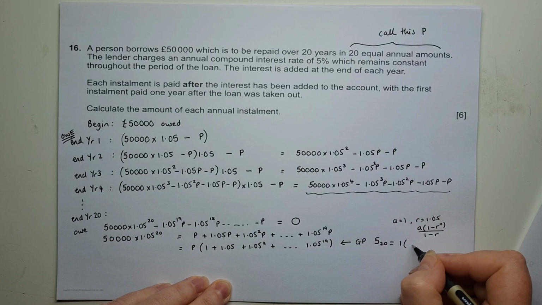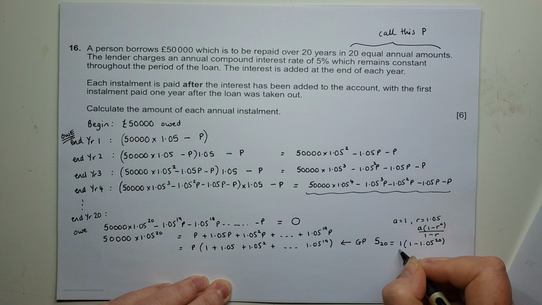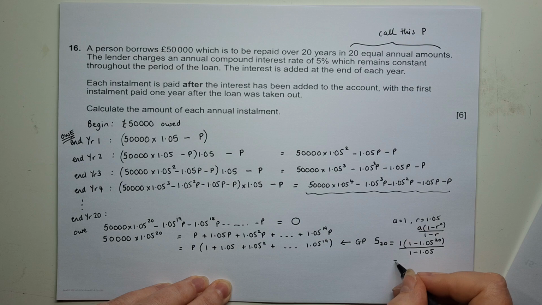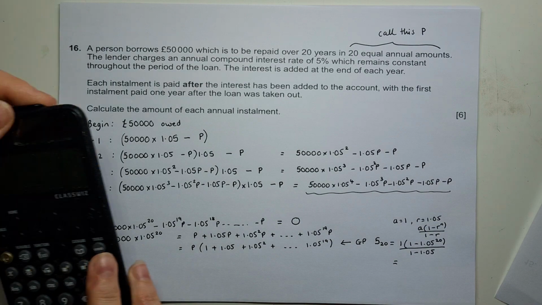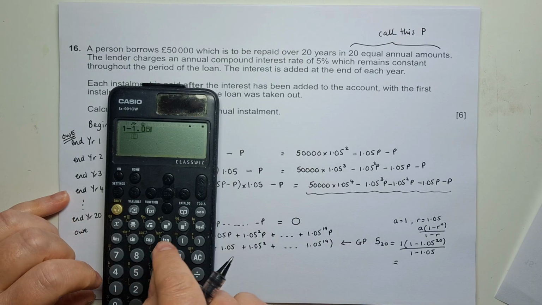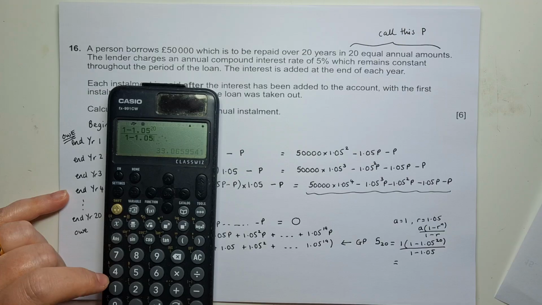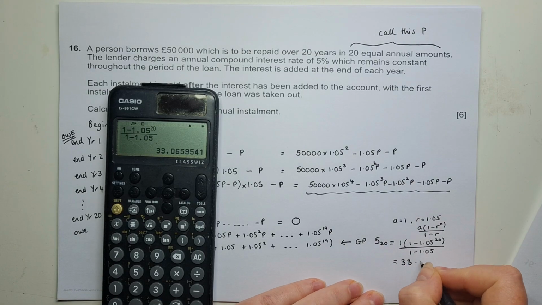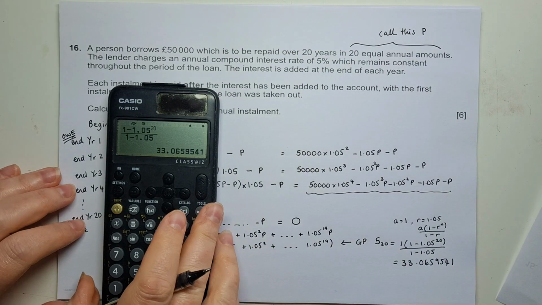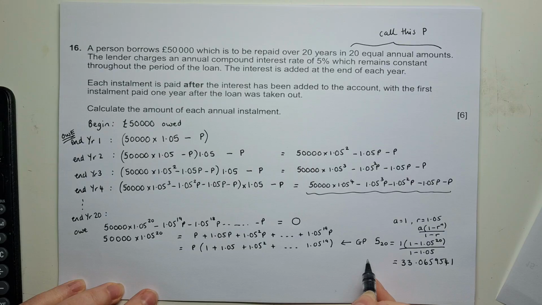So 1 times 1 minus 1.05 to the 20 divided by 1 minus 1.05, which, let's work that out, is 33.065951. I'm going to go with all the decimals because I have a feeling that I'm going to want to be very accurate at the end.